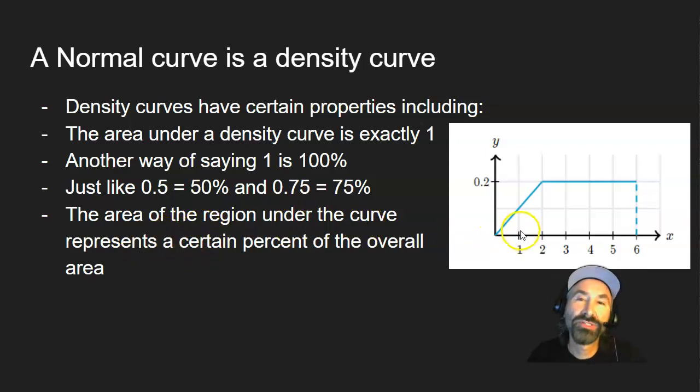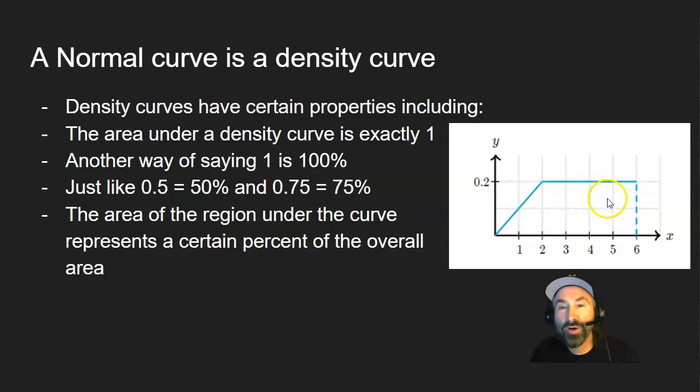So if we're interested in a particular region under the curve, then the area of that region represents a certain percent of the overall area. So for example, when we're looking at this diagram here, if we were told this is a density curve, then by definition the area must be 1 or 100%.